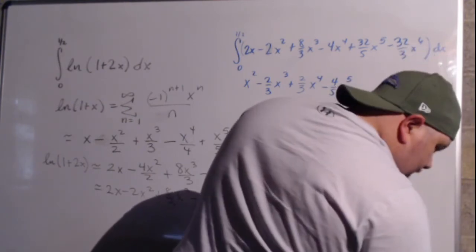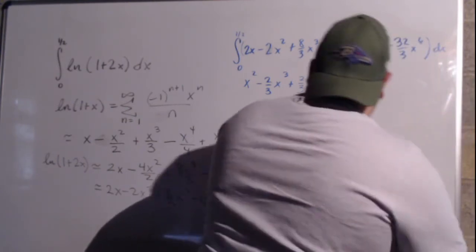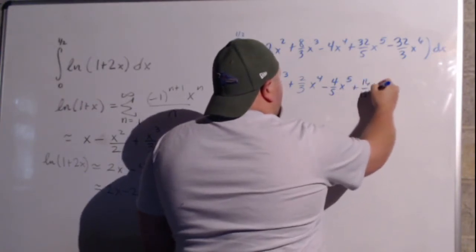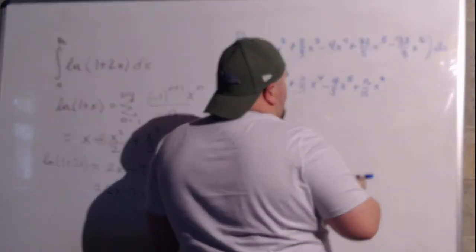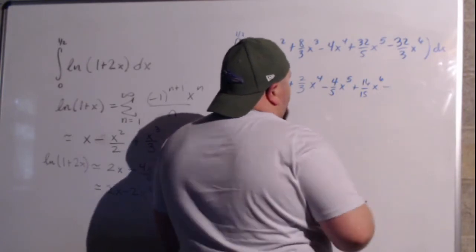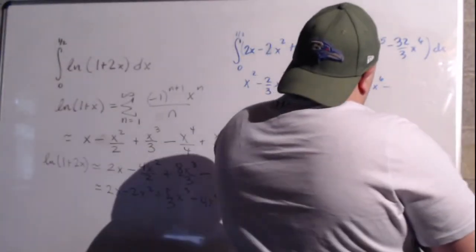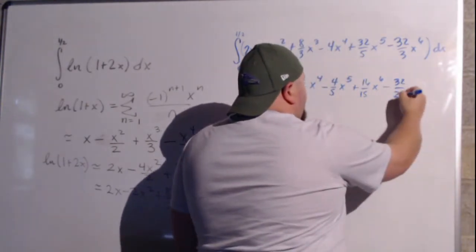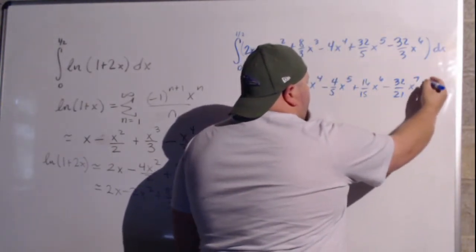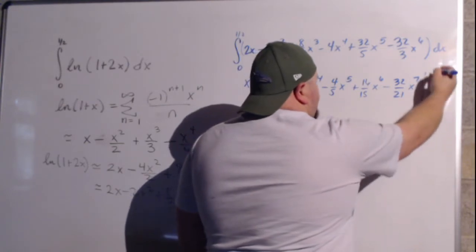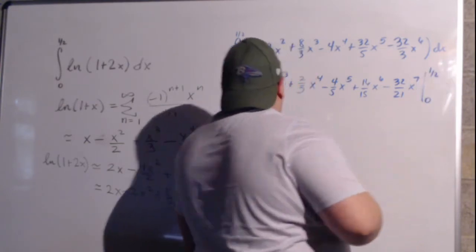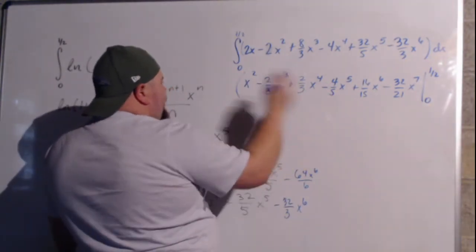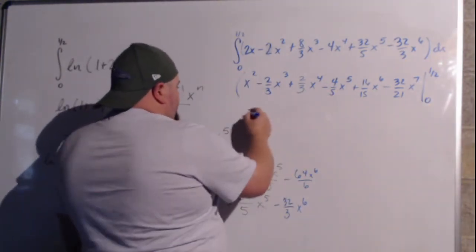This one's going to be 16/15 x to the 6th. And then I guess that'll be 32 over 21 x to the 7th. Everything's got an x, so we plug in 0, it all goes away. We just got to plug in half everywhere.